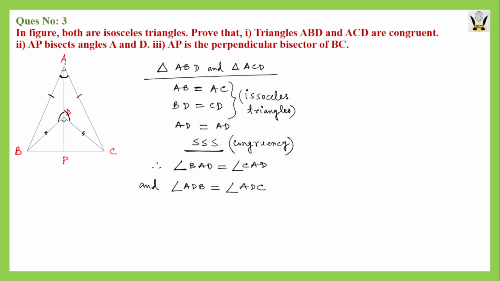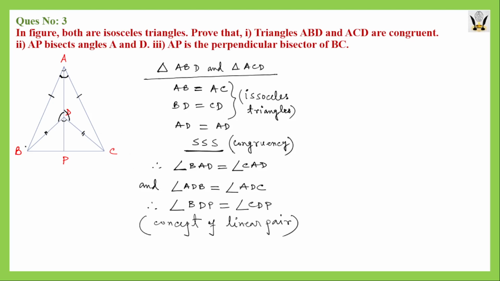Now with respect to this side AP, on the left side we have this straight angle 180 degrees, and these two angles ADP and BDP form a linear pair, and on the right side also ADC and PDC form a linear pair. So since the upper angles are same, the rest of the angles will also be equal.